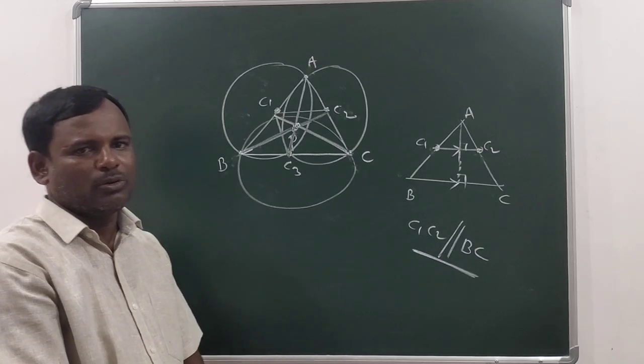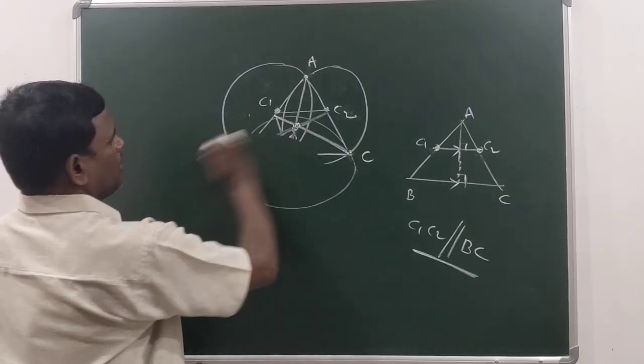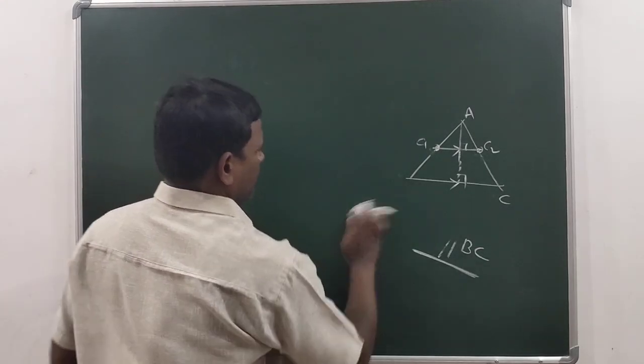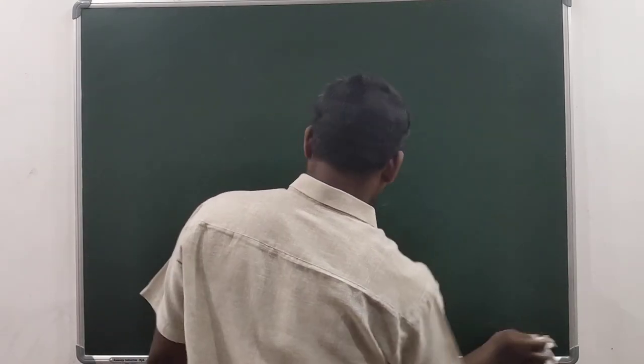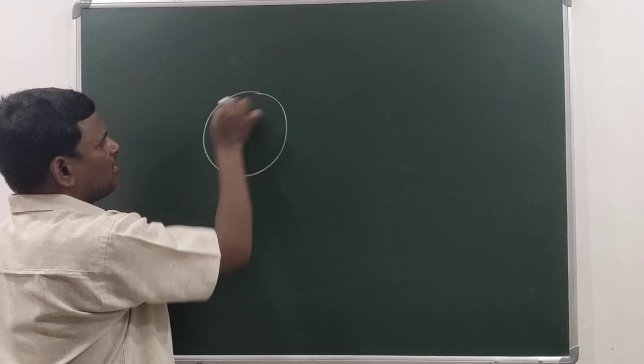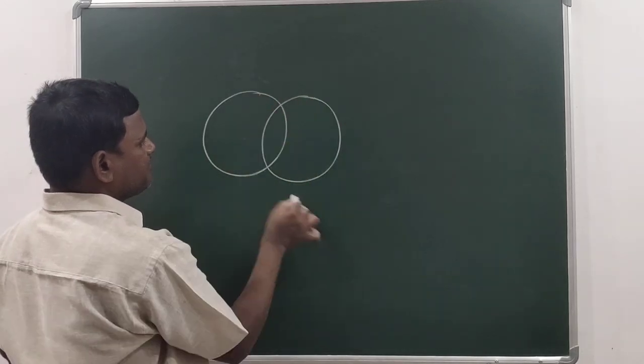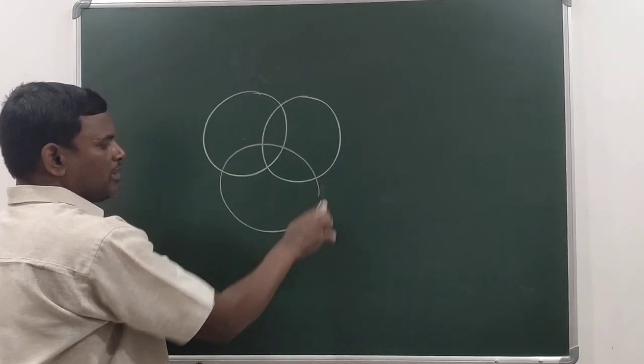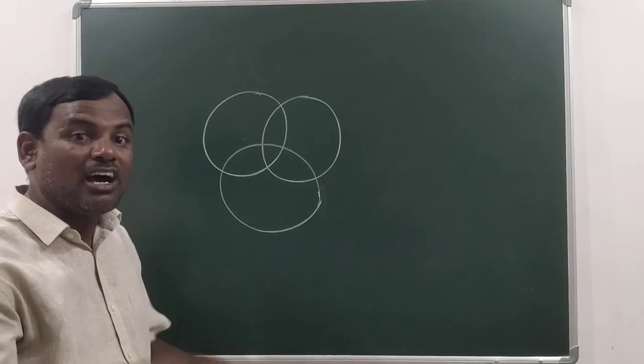Now let us go to one more point. See, there are three circles which are intersecting orthogonally.